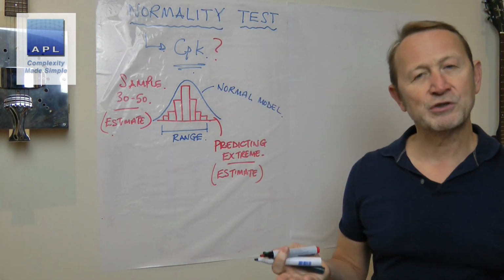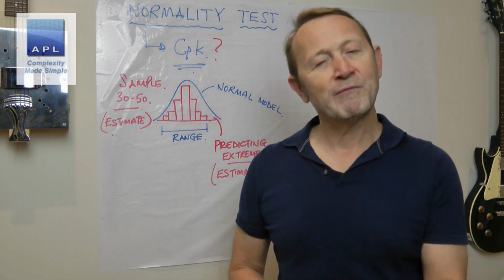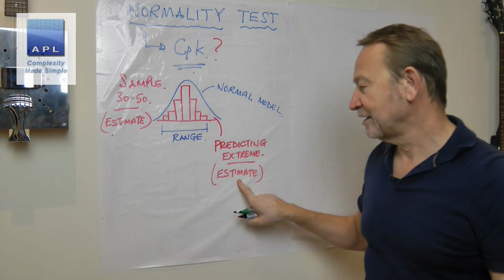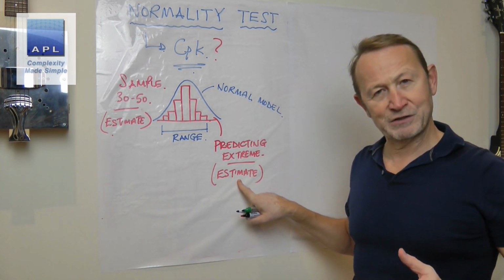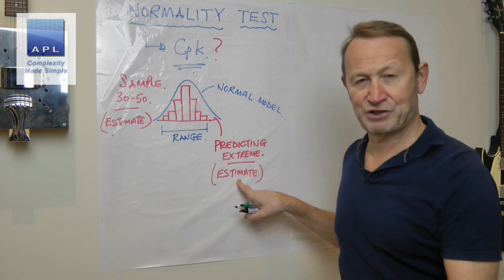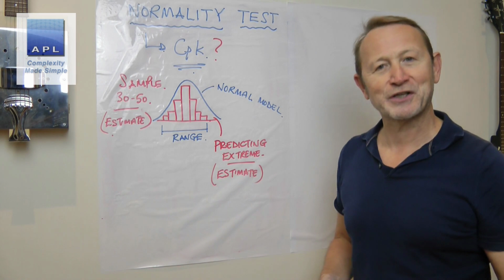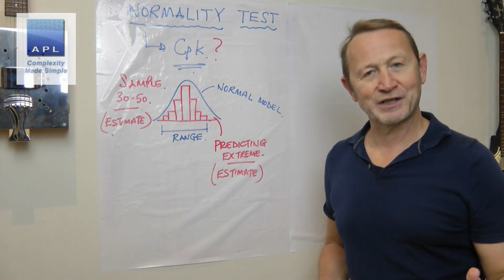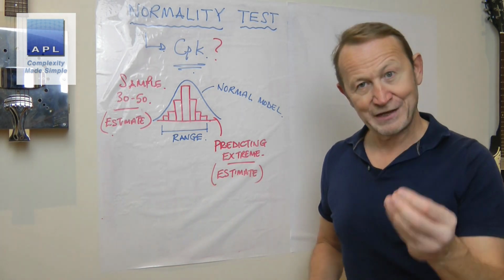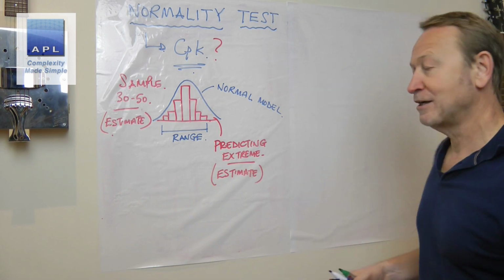So why do you do the normality test? Well, the normality test would be to say, can I rely on this estimate? Am I going to make an important decision on this data and look like an idiot or cost my company bucket loads of cash? All right, so that's why we do a normality test.